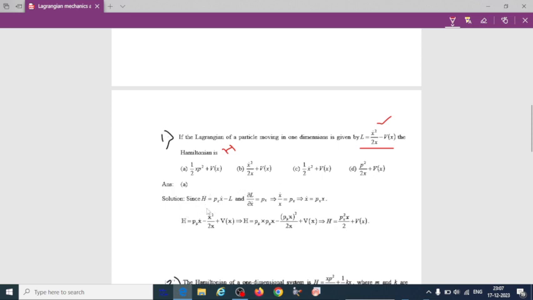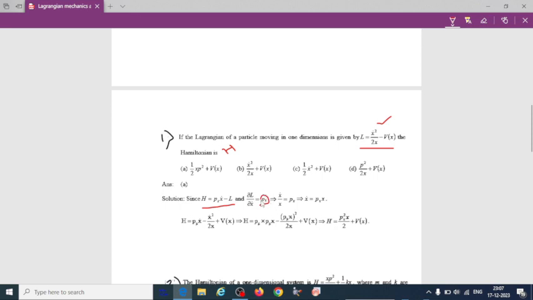First, since they have given the Lagrangian, write the formula for the Hamiltonian, that is a function of coordinate and momentum: H is equal to px x dot minus L. This is the general formula. Then take the derivative of the Lagrangian to get the momentum.